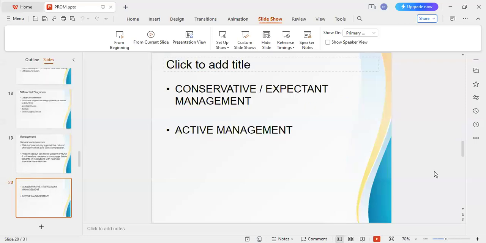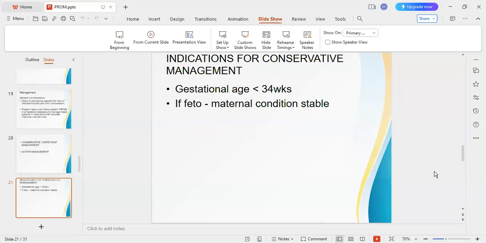So generally, our management is in two. We have the expectant management and we have the active management. The expectant management aims at trying to prolong the pregnancy as long as possible, whilst the active management, we'll learn more about as we proceed. So what are some of the criteria, or let me say indications, for which a patient can undergo conservative management?